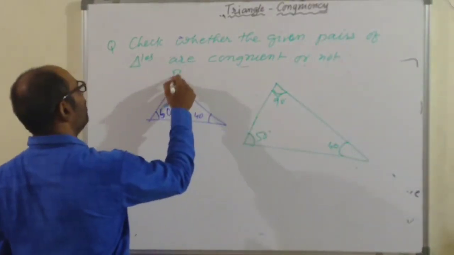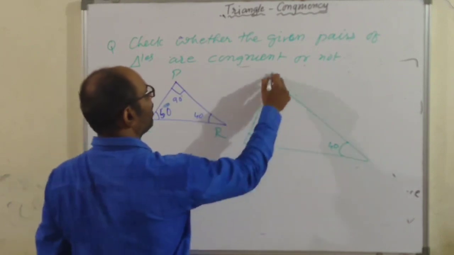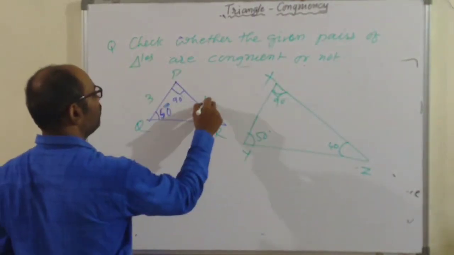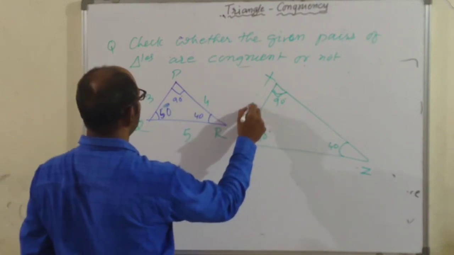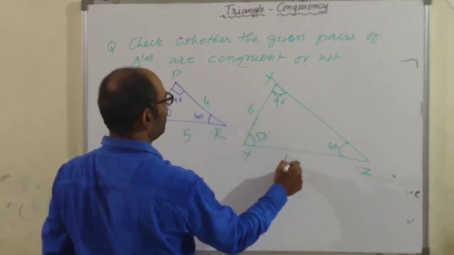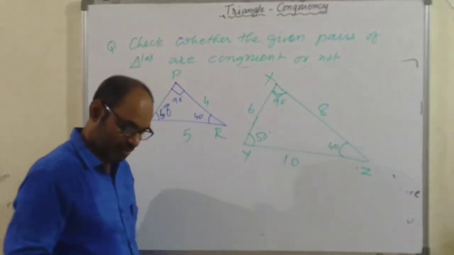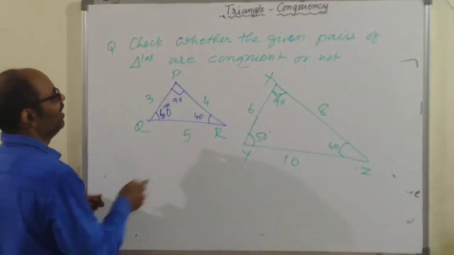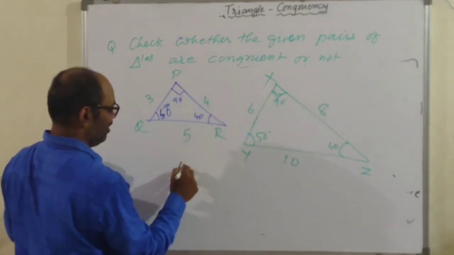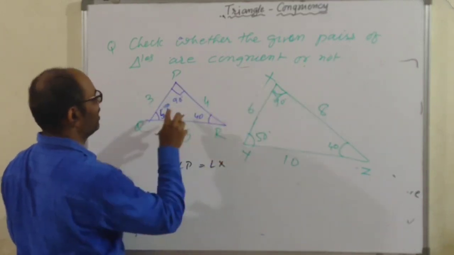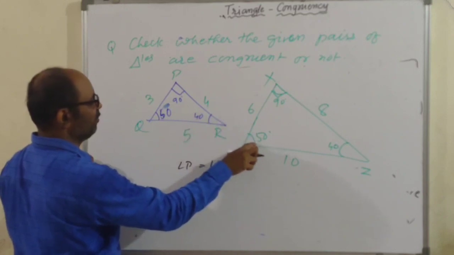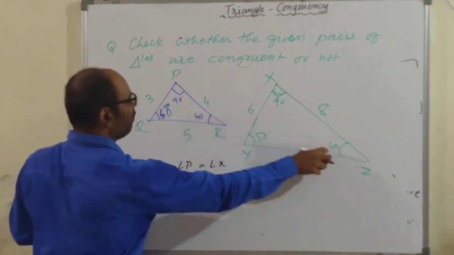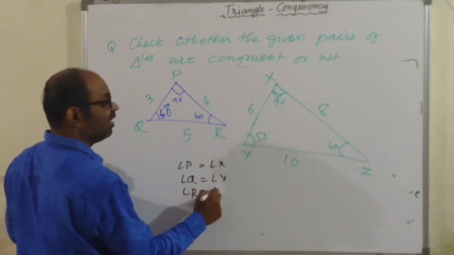This is triangle PQR and this is triangle XYZ. This is 3, 4, 5 and this is 6, 10 and 8. Alright? Please pay attention. Angle P is equal to angle X. Angle Q 50, 50. Angle Q is equal to angle Y. 40, 40. So angle R equal to angle Z.